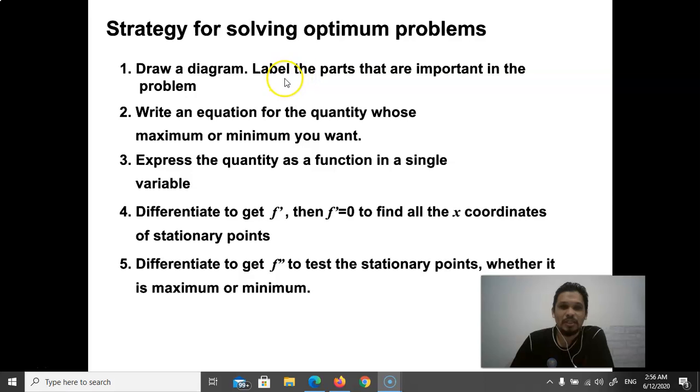Actually, we are taking out all the information from the question. Write an equation for the quantity, and then the step is to find f prime, set f prime equal to 0, and then find f double prime to see whether it is a maximum or minimum.